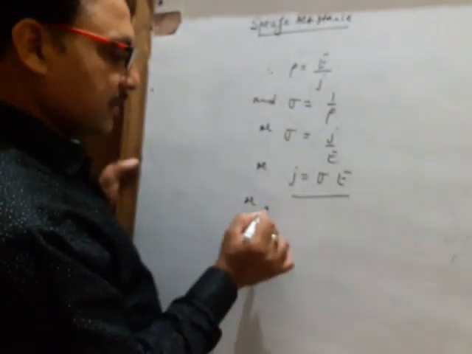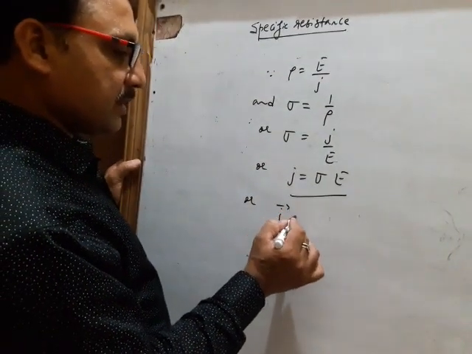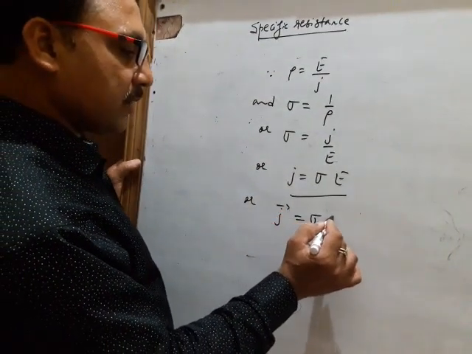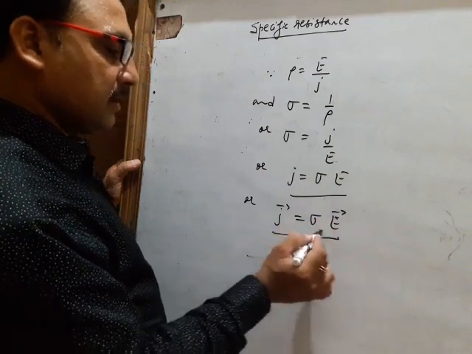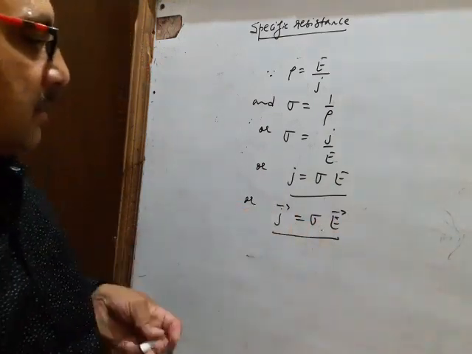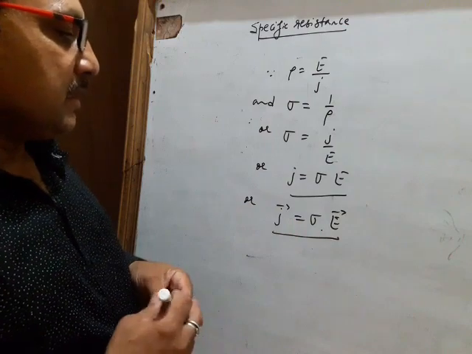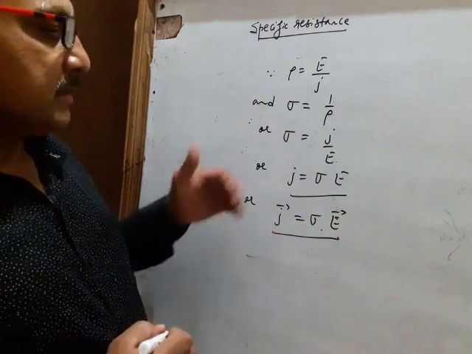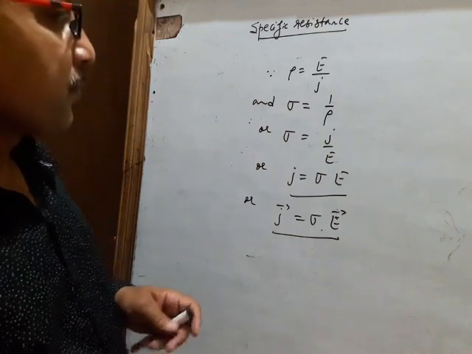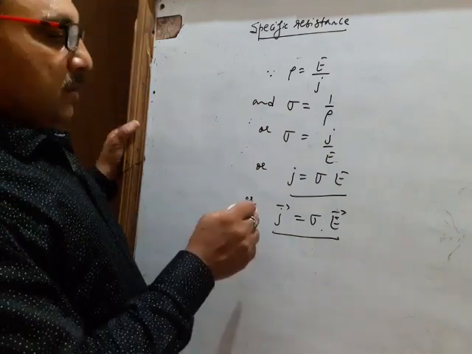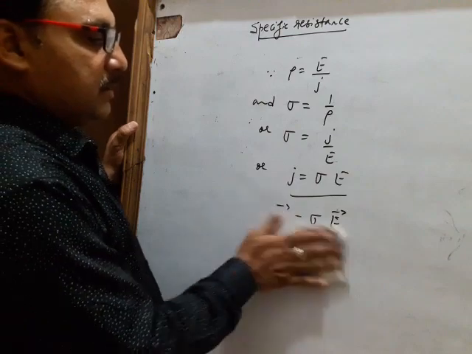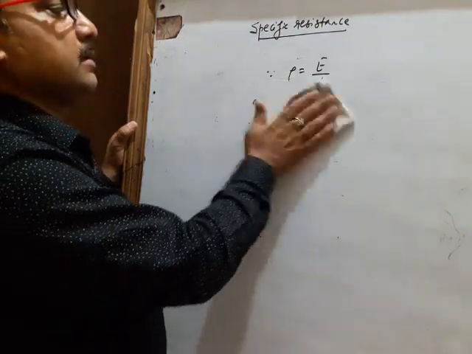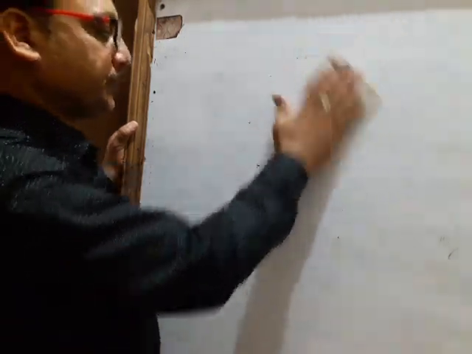Or in vectors you can write vector J equal to sigma times vector E. This is the current density J written in terms of vectors. This is another interpretation. So you all have to remember this and utilize it in various questions.